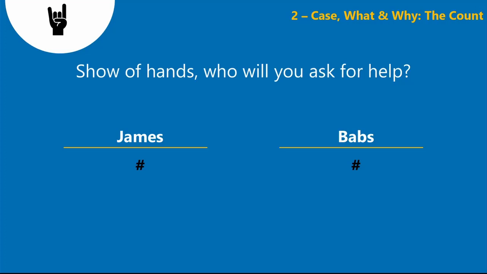Well, James takes an early lead. That's good for him, anyways. So I don't know if everyone is casting their votes, but I'll just continue. Babs is slowly making a comeback. So this is starting to get interesting.